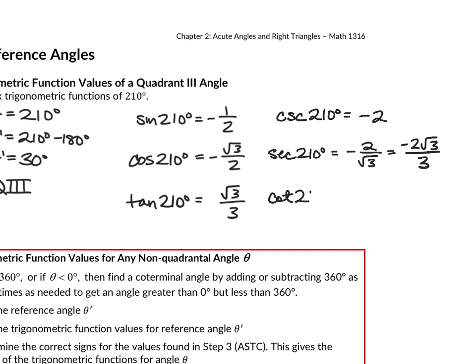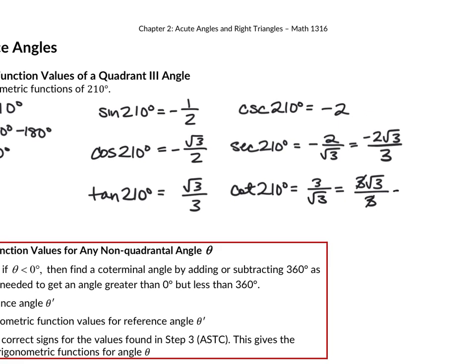Last but not least, cotangent of 210 degrees is just the reciprocal of tangent of 210 degrees, which would be 3 over root 3, but again, I don't want that radical in the bottom, so I rationalize the denominator. Oh, these 3's cancel. This one would just end up being square root 3. So there is all 6 values. We do a quick check for ourselves.